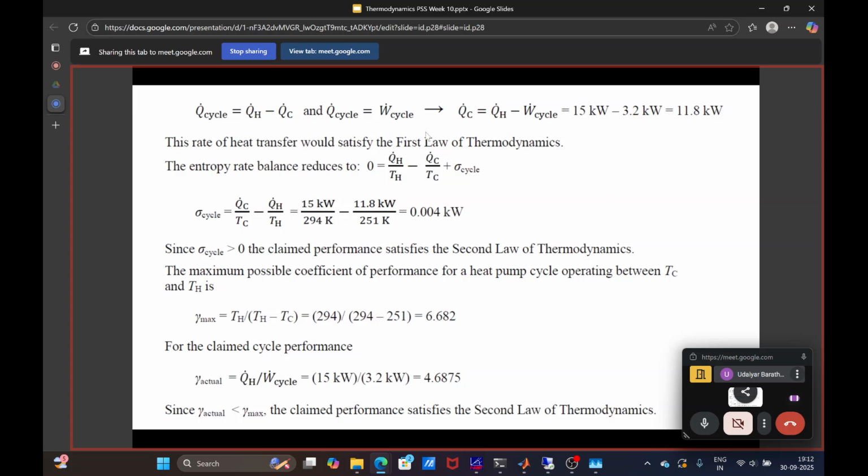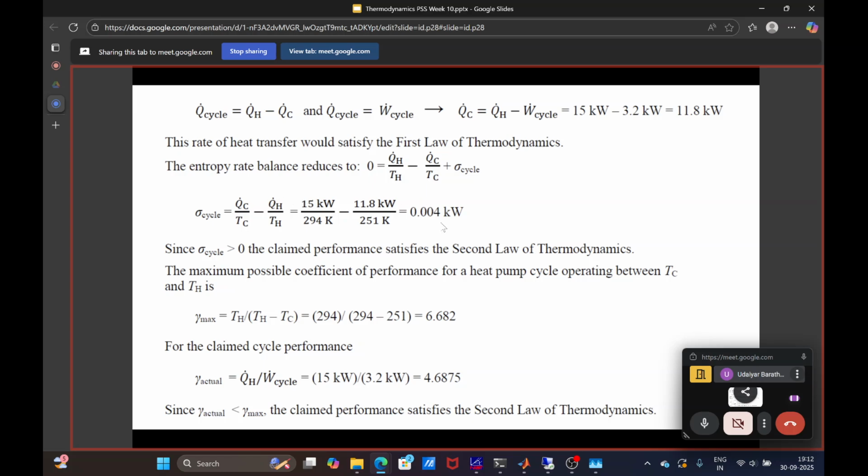So applying the second law or the entropy balance, since there is no system inside, H2 minus H1 is 0. So we get QH by TH minus QC by TC plus the entropy generated in the cycle. So the entropy generated in the cycle comes out to be QC by TC minus QH by TH. So substituting, we get sigma cycle to be 0.004 kilowatts per Kelvin.